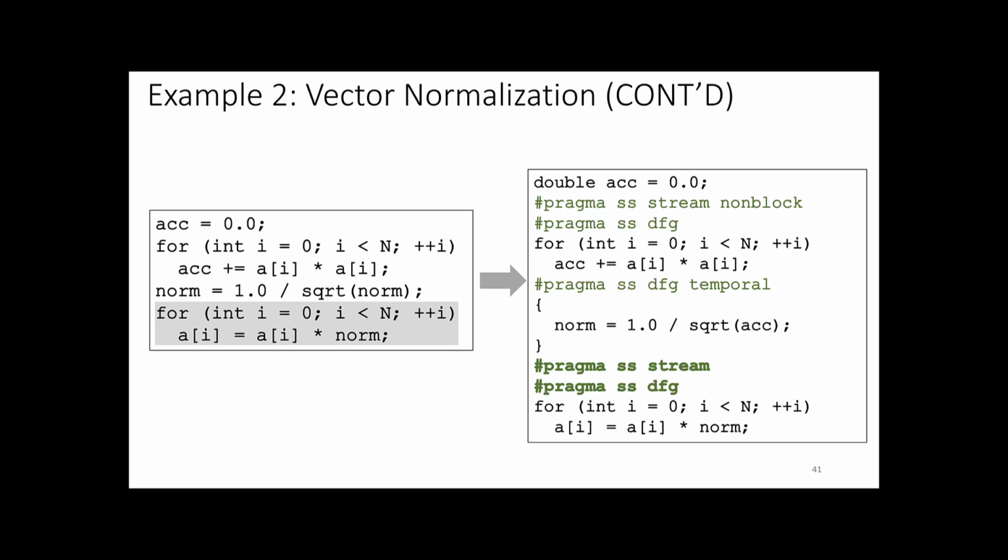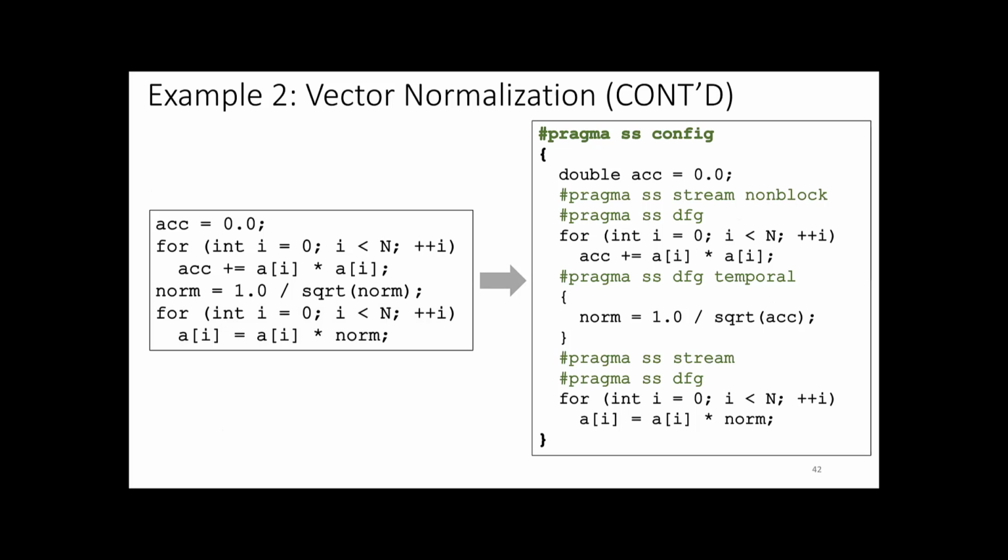And for the third region, it's not interesting, just the same thing. And finally, we put this all together. So these three regions will be concurrent on the spatial architecture, and the inter-region communication will be lowered by recurrence intrinsics, and the memory access will also do that.